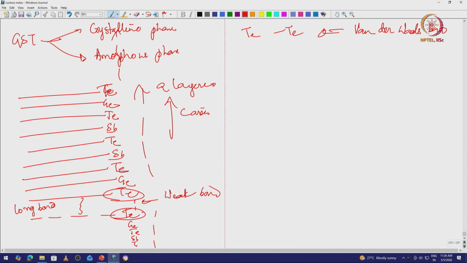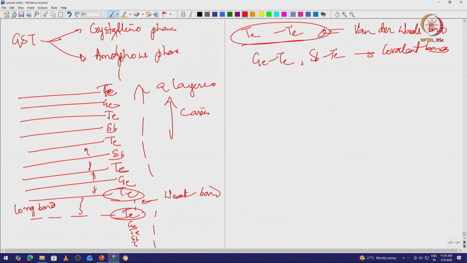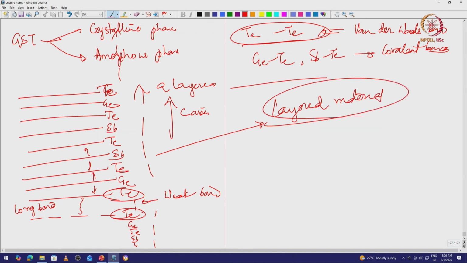Whereas the bonds between germanium and tellurium or antimony and tellurium are more covalent or ionic bonds. As a result, GST becomes a layered material, meaning after every 9 layers I have a van der Waals gap, and so on and so forth.